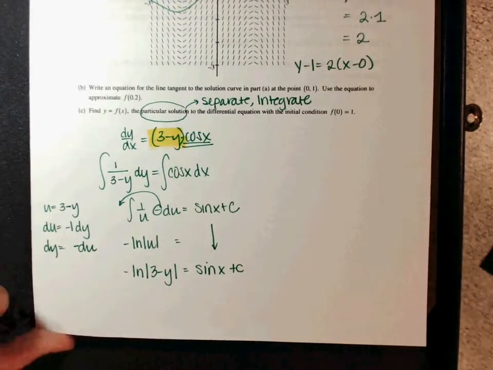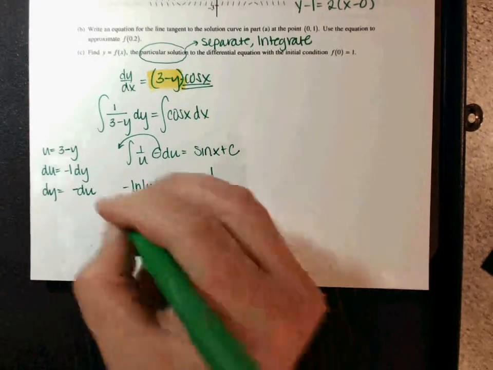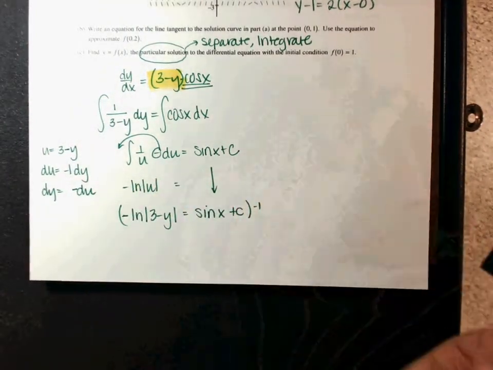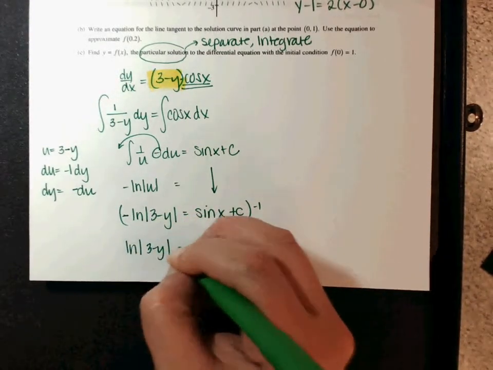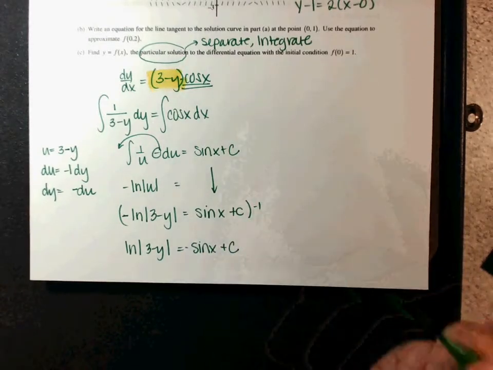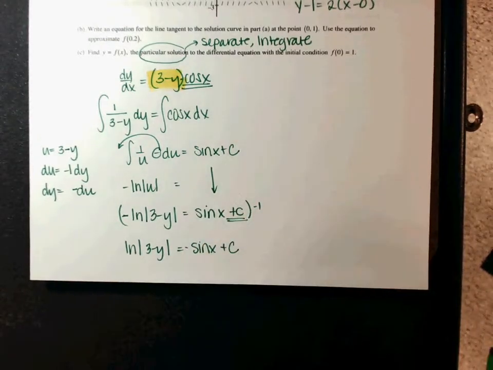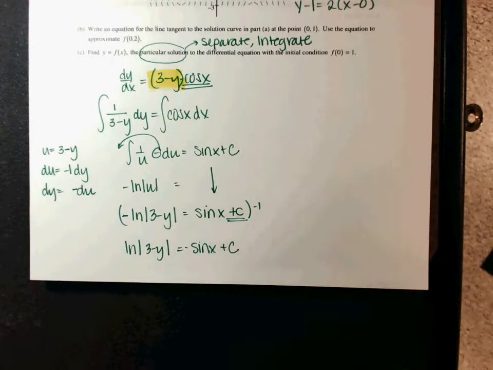And then I'm going to work on getting my y by itself. So to get rid of the negative here, I need to multiply the whole thing by negative 1. So that's going to give me a positive ln of 3 minus y equals negative sine x plus c. And remember that since my c is already unknown, when I multiply by negative 1, I'm just going to leave it as a plus c.